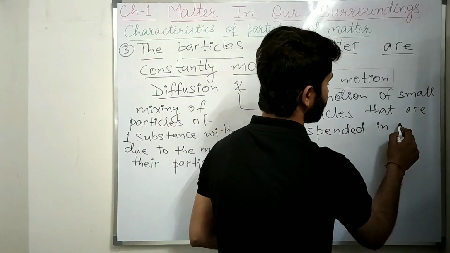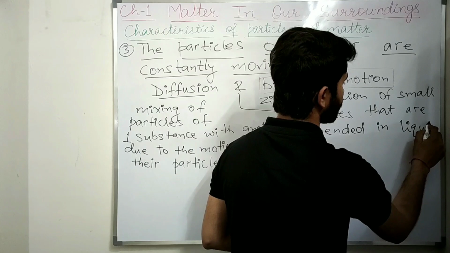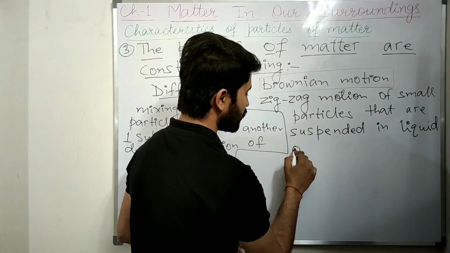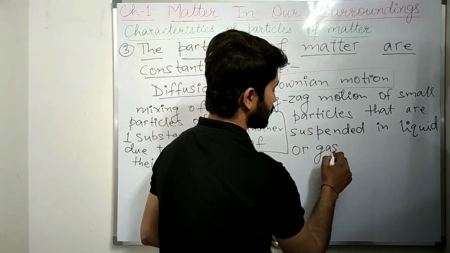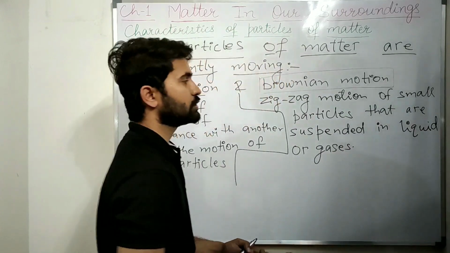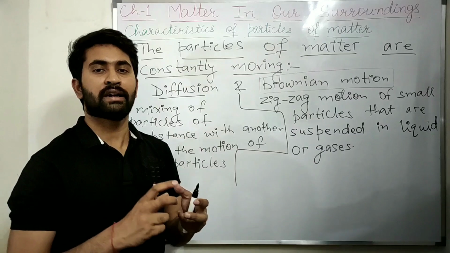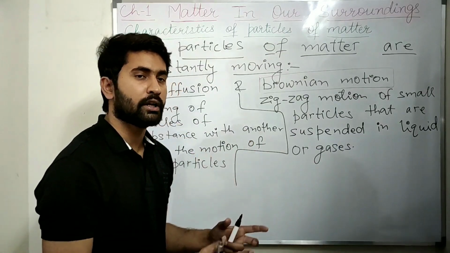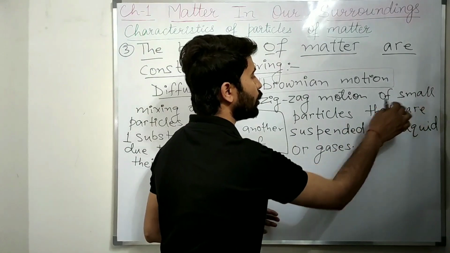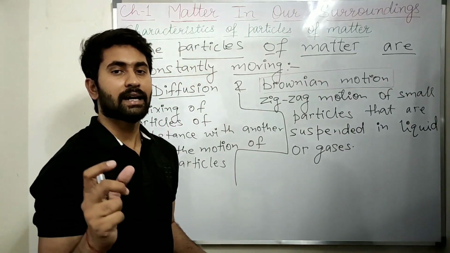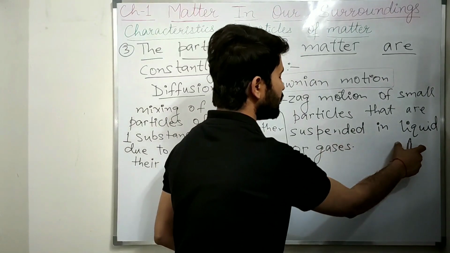Brownian motion is a zigzag, random or disordered motion of small particles that are suspended in liquids or gases.